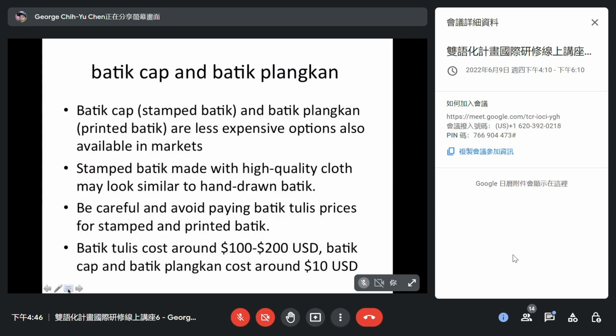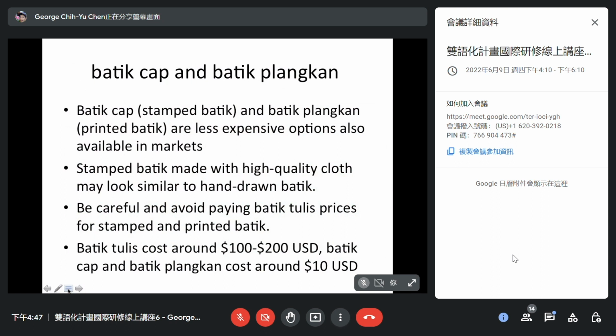Next, we have batik cap and batik plankan. Batik cap in English means stamped batik, and batik plankan means printed batik. Both kinds of batik are less expensive options, and they are also available in markets. So when you go to Indonesia, especially Java, you see lots of batiks available.